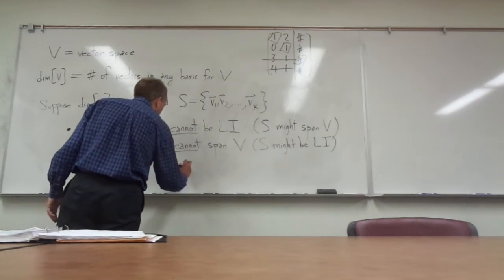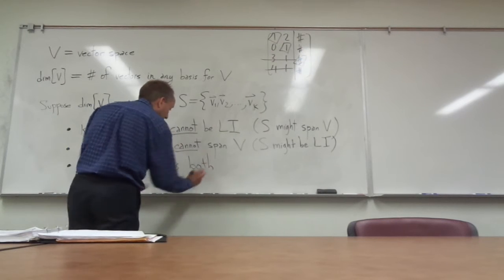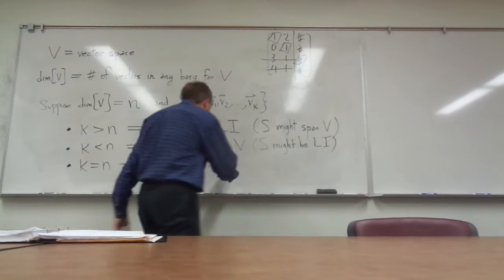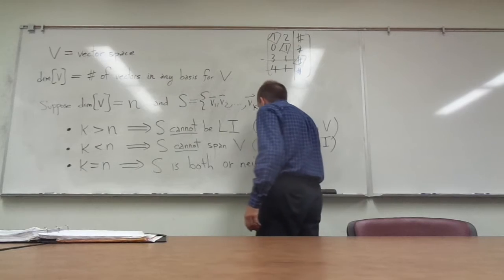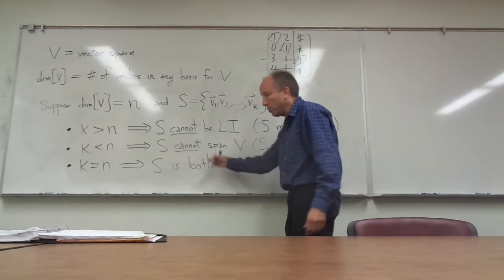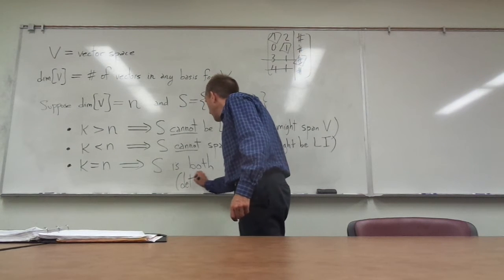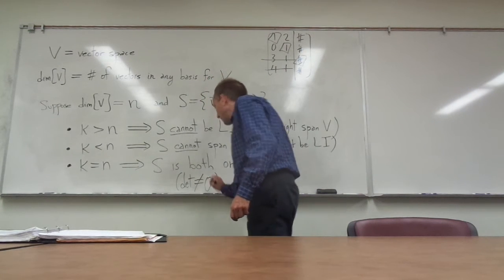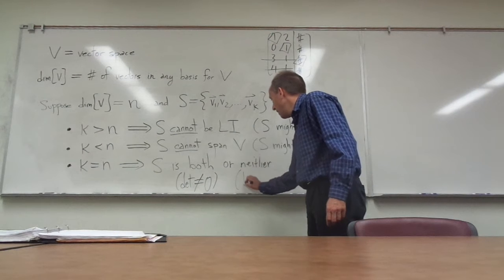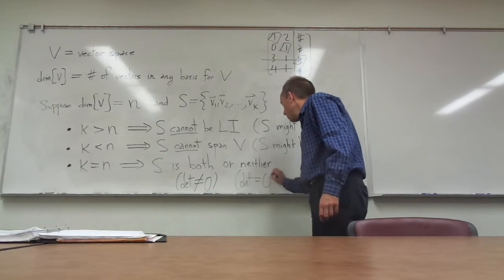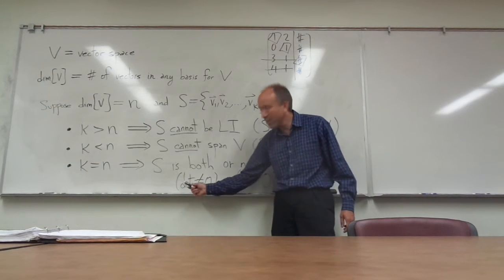And I'm just going to say that S is either both a spanning set and linearly independent, or it's neither. It's one of these two choices. And it just hinges on whether the determinant of that matrix that we've been building is 0 or not. Remember, a non-zero determinant is a good thing.